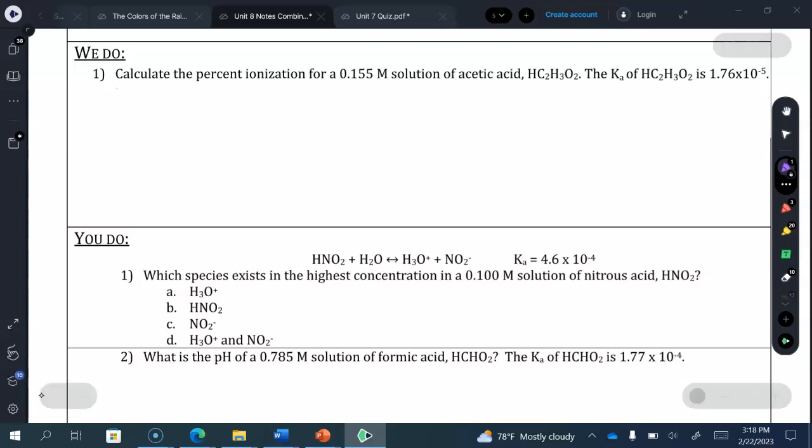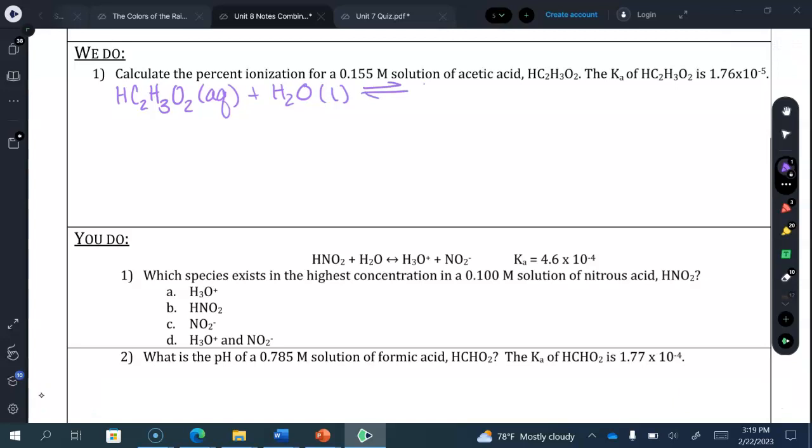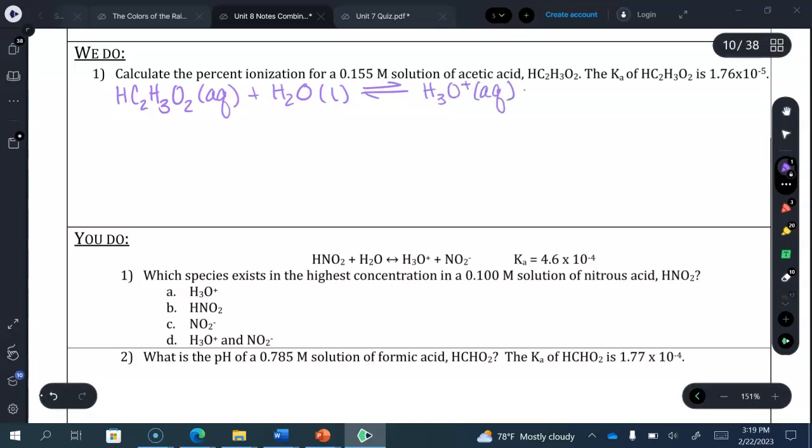Your first step is to always write the reaction equation. So the weak acid reacting with water and its equilibrium, so make sure you're writing that. And this is going to be H3O plus aqueous plus the acetate ion.